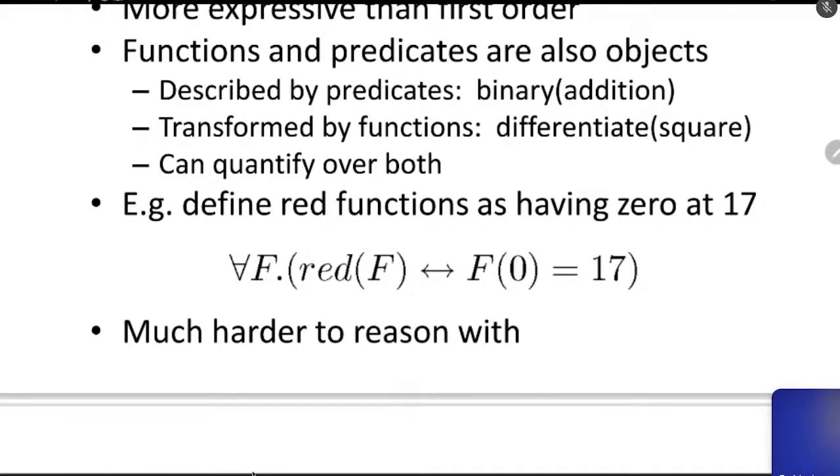For all functions f, f is red implies f of 0 is 17, and f of 0 equal to 17 implies f is red. So a function is red if it has 17 at input 0, and vice versa.